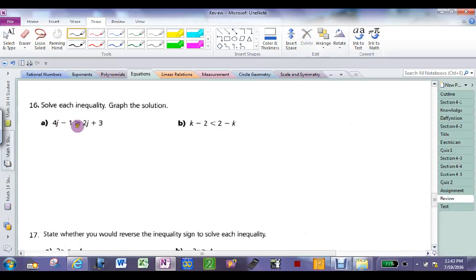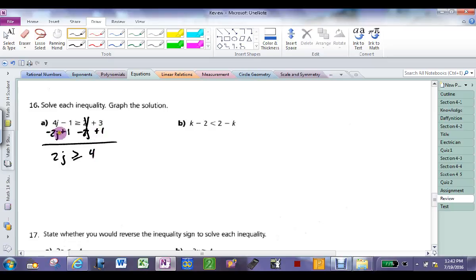Once you get to here, one letter on one side, one letter on the other side, then we deal with letters first. Okay? And we're going to do that by doing minus 2j, minus 2j. That's going to disappear the letters from the right, so numbers must disappear from the left. 2j greater than or equal to 4.